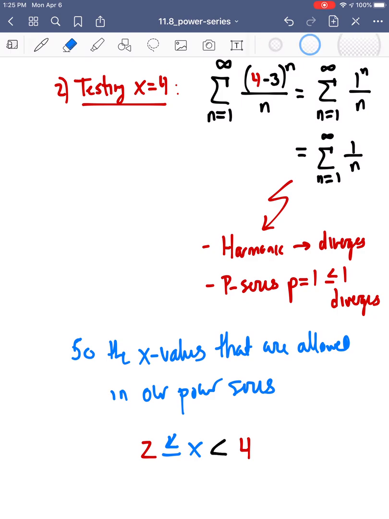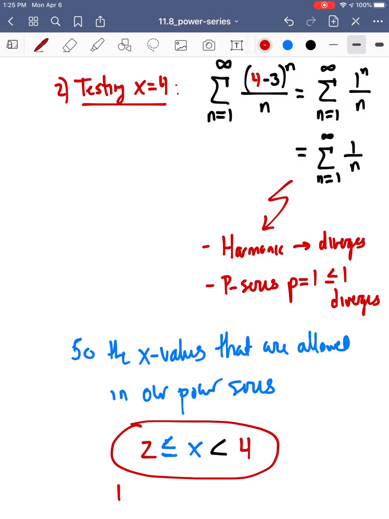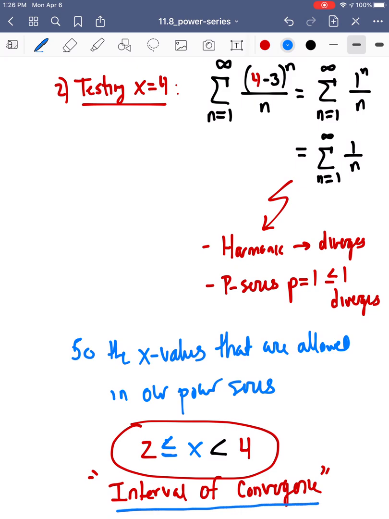That endpoint at 4 doesn't give us a convergent power series, whereas that endpoint at 2 gives us a convergent power series. And this interval here is what we call the interval of convergence. If I could spell it right. So that's what we mean by interval of convergence. Basically, it tells us the domain, or the x values at which we're allowed to evaluate that power series.